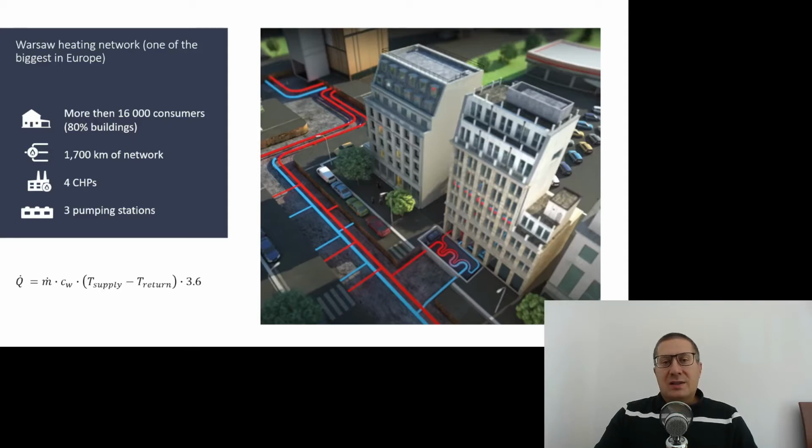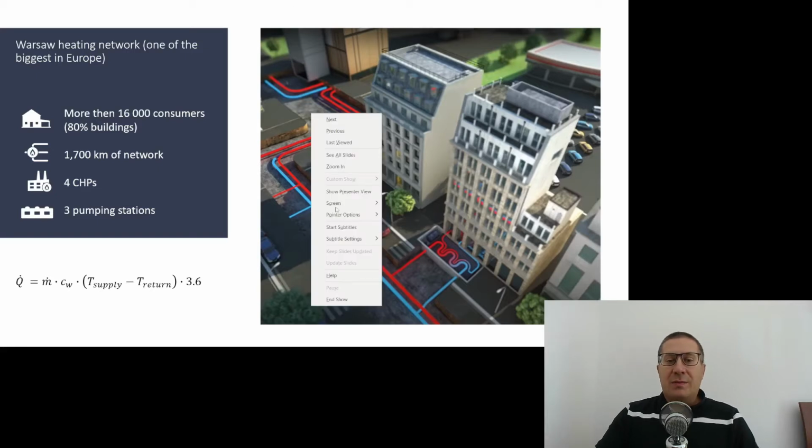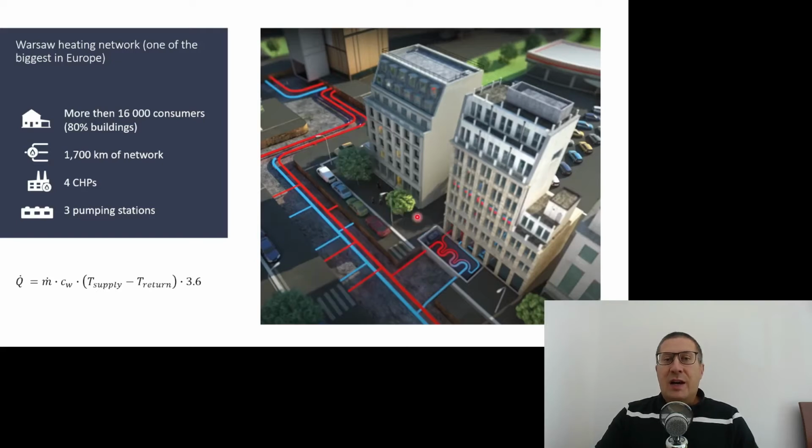So let's try to understand the operation of a district heating network. We have CHP heat sources, plants where we heat up the water to the desired temperature. In summer it is a lower temperature, for example around 60 or 70 centigrade.